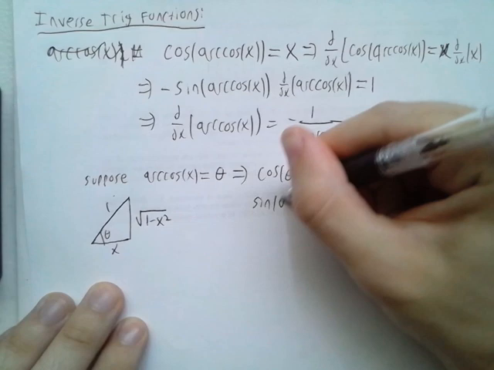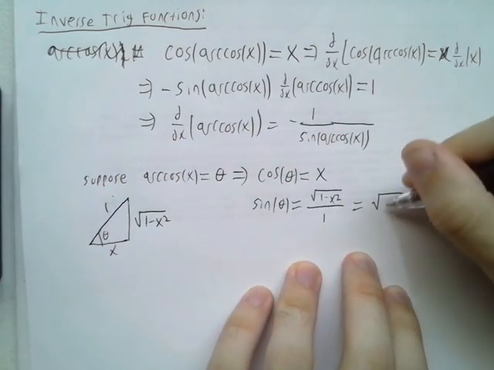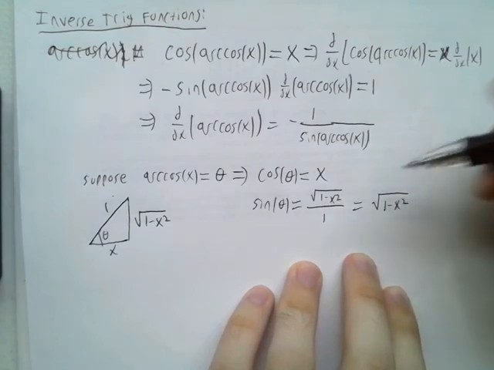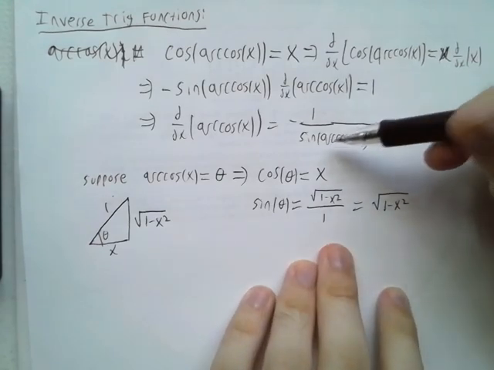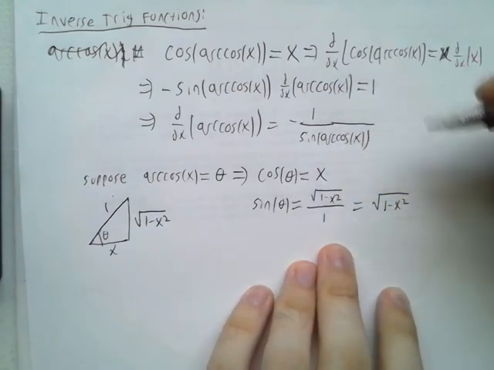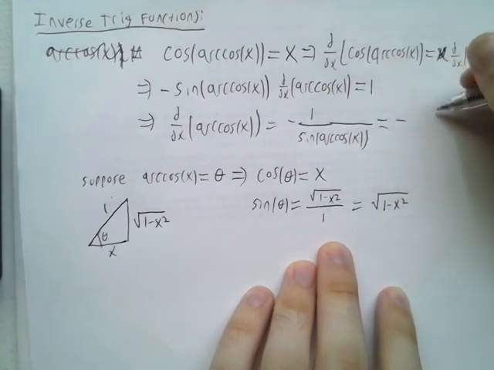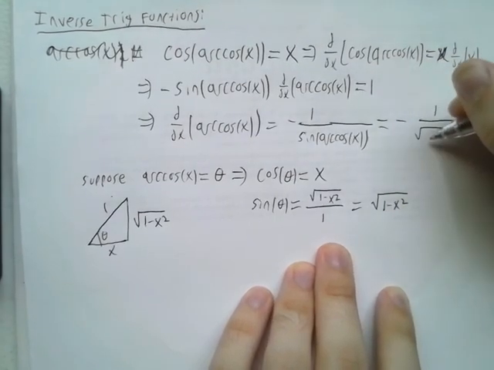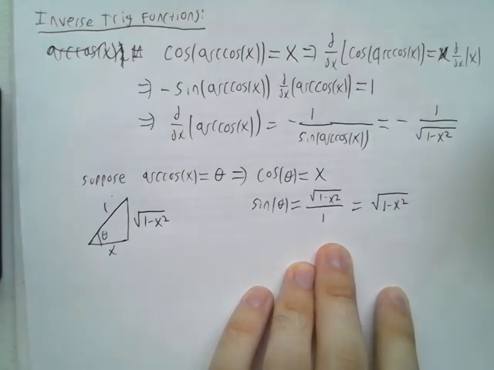So that's the same as square root of 1 minus x squared. And we wanted to find sine of theta, which is sine of arc cosine of x. So we can now go back up here and write that this is negative 1 over square root of 1 minus x squared. So that's the derivative of arc cosine.